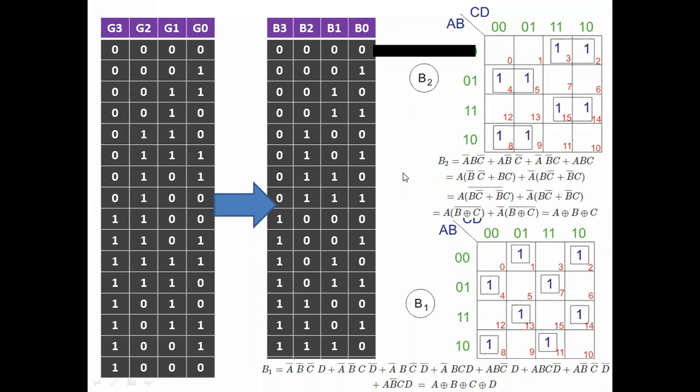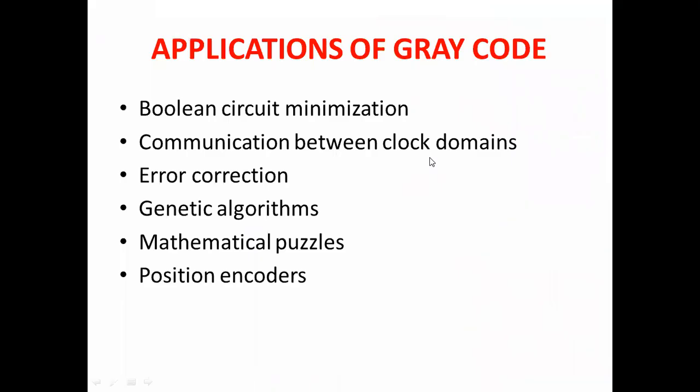Now, where are binary codes applicable? Wherever digital technologies are there, binary codes are used. The representation is using zeros and ones. And then the gray code: another name for gray code is the one-bit changing code, or minimum bit changing code.